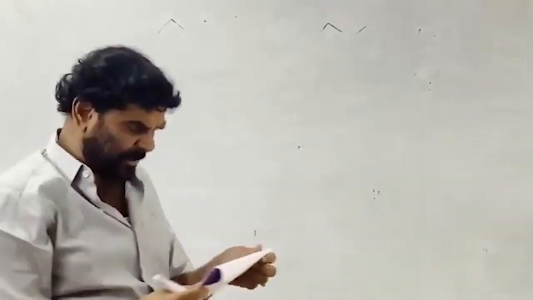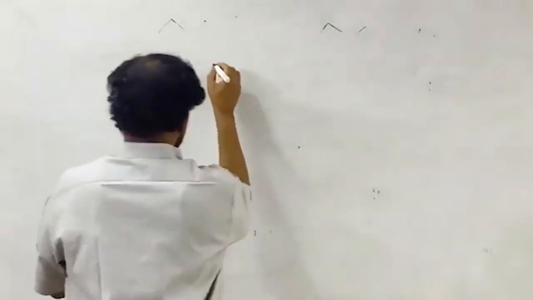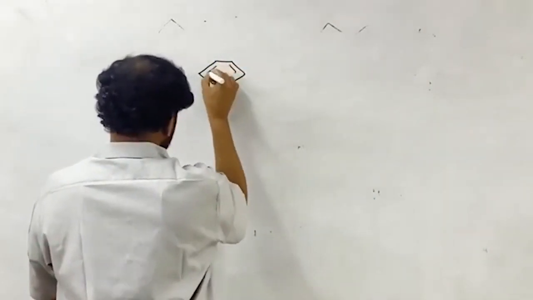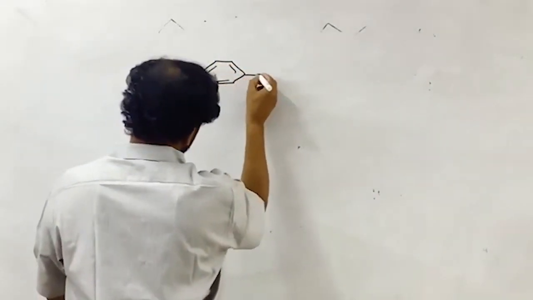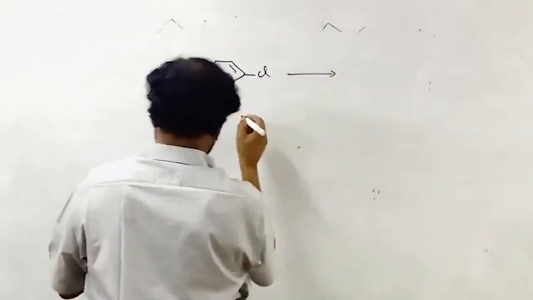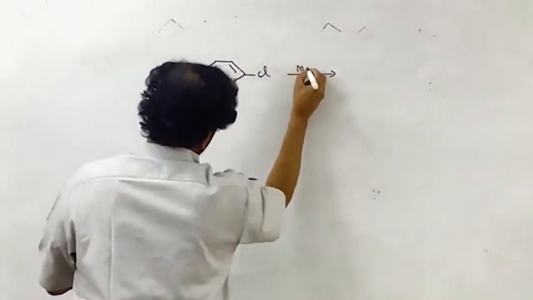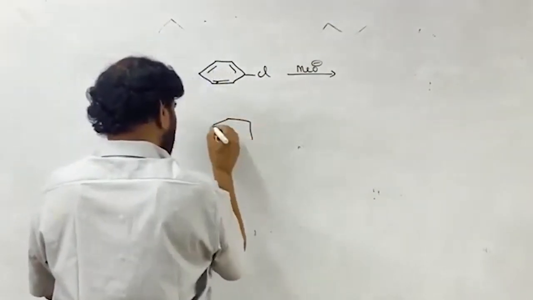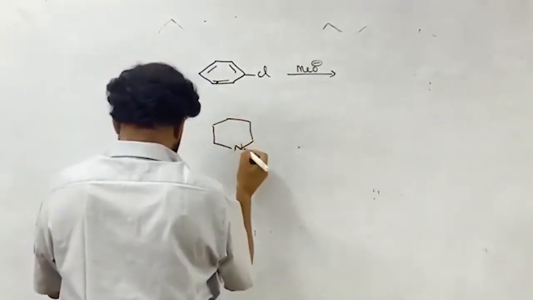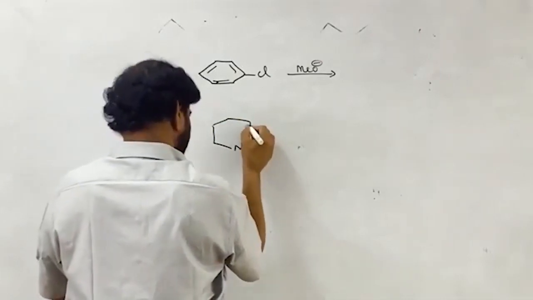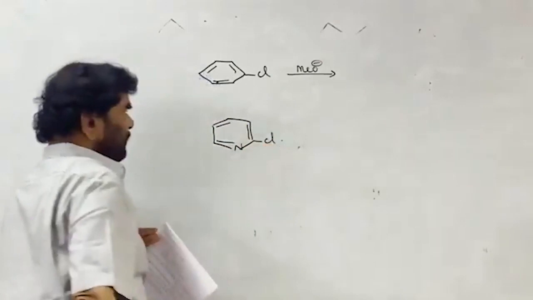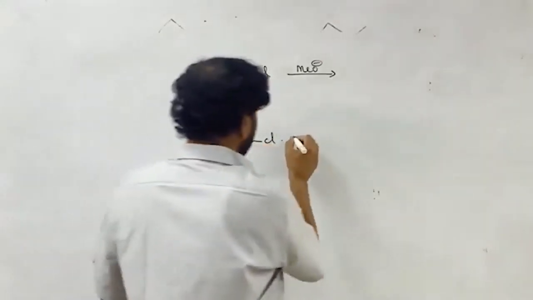And the next one. There are two aryl halides given, reacting with methoxide ion in nucleophilic substitution. This is the other compound, taken from pyridine.